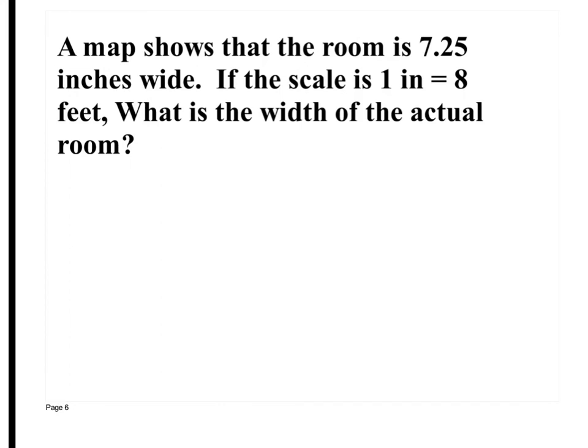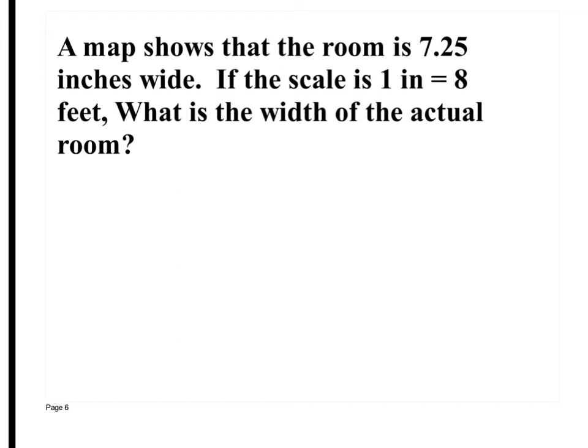So this one is going to ask you to find the width of the actual room. The first problem we did in your notes was to find the scale. So we wrote model over actual and we went 1 over x and solved for x. The last couple problems we did were finding a scale factor, which we just reduced by changing the units to the same units, and then reducing.